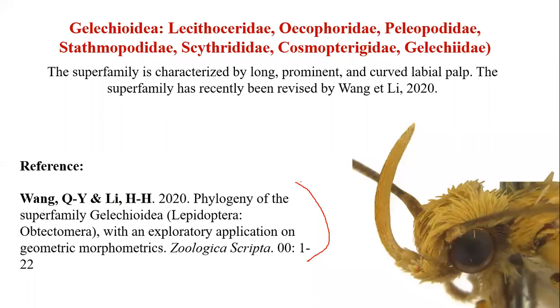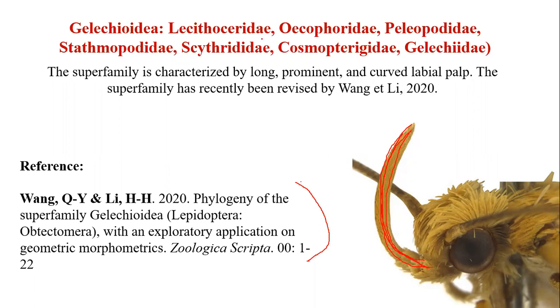Now, this superfamily is characterized by its very characteristic labial palps, which are curved and elongated. You are seeing here, which is easily recognizable. And whenever you see any moth containing this labial palp, then we can be sure that it certainly belongs to superfamily Gelechioidea.